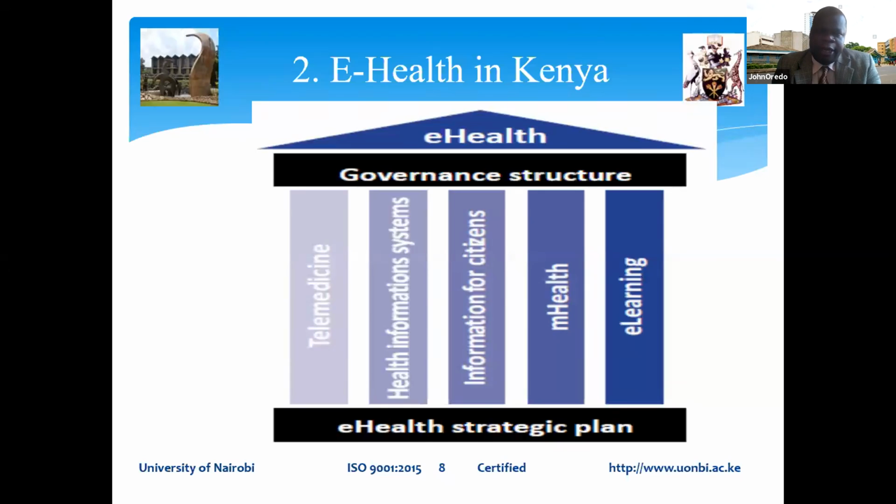And actually, the e-health strategy identifies health information systems as one of the priority areas. And that is why we are going to narrow down to discussing health information systems. And of course, there is telemedicine.